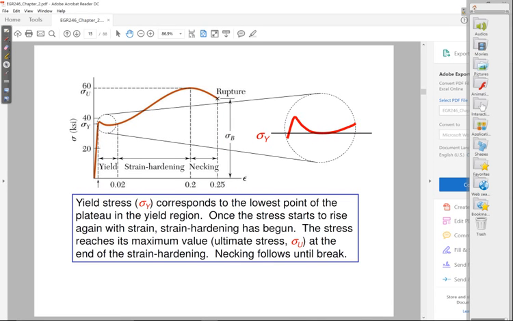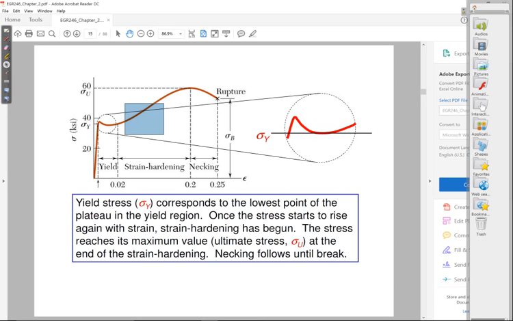So essentially, you now have to keep pulling harder and harder to get it to stretch more. In fact, for a large portion of the curve here, you do have to increase your stress significantly to get the part to stretch. So this region is referred to as a strain hardening region.